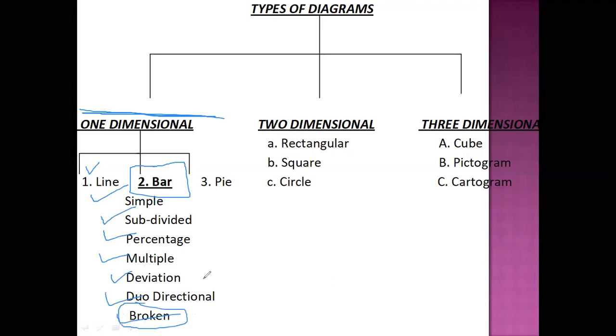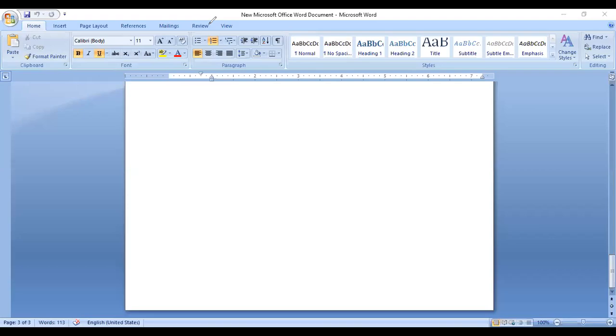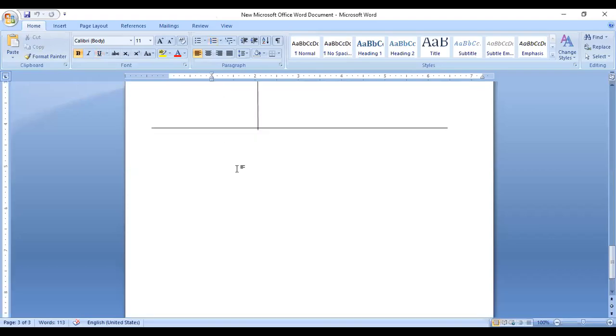So with this, our kinds of bar diagrams will be over. So now, already 6 kinds are over. This is the 7th one.